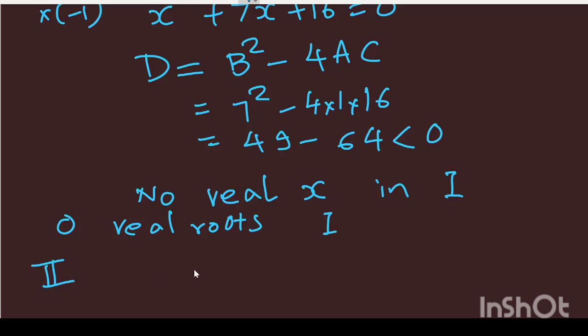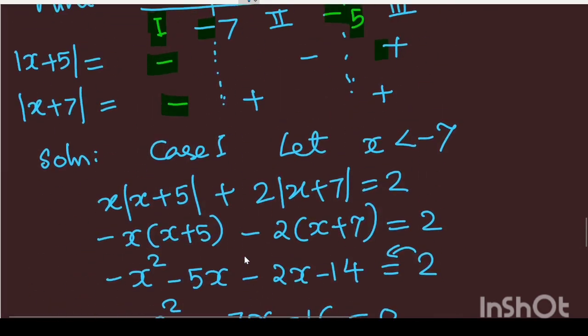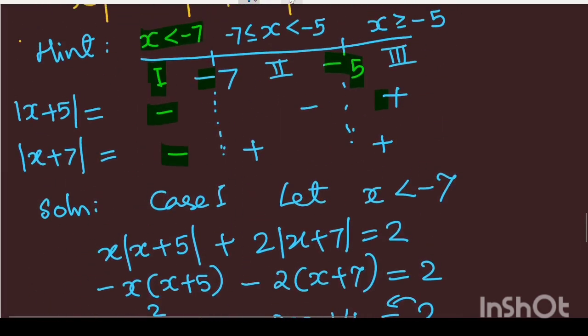So now case 2, which is what, guys? The case 2 that we will solve, we will take x to be between minus 7 and minus 5, where mod x plus 5 is replaced by minus and mod x plus 7 is replaced by plus sign.